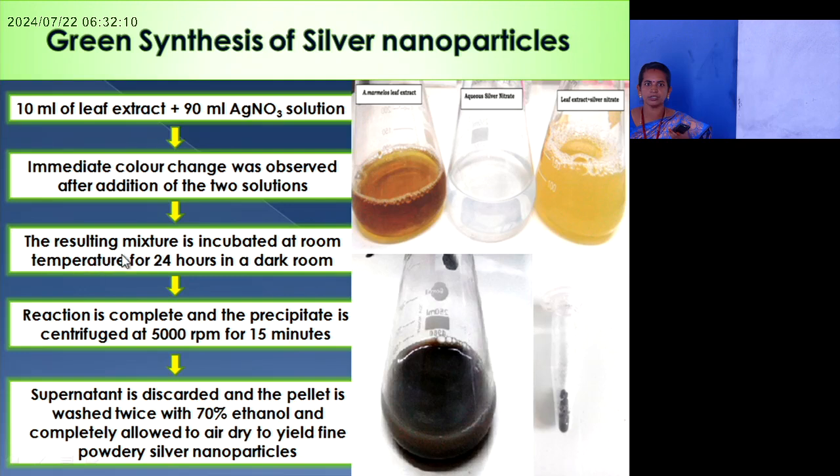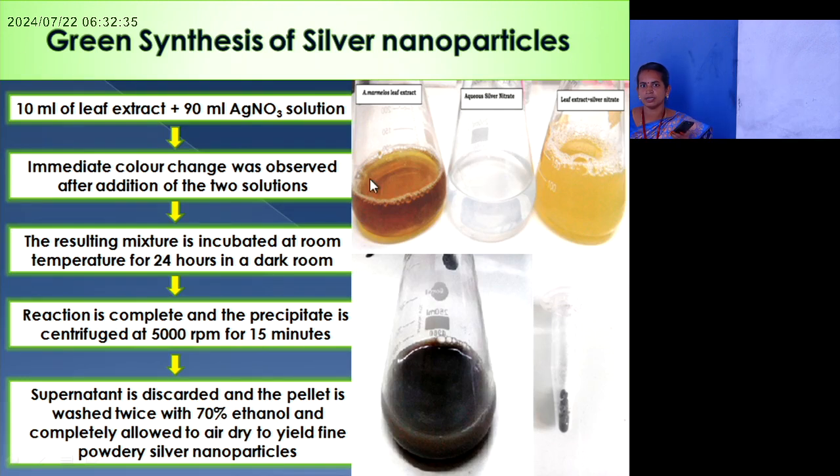The resulting mixture is incubated at room temperature for 24 hours in a dark room for precipitation. After the reaction is complete, the precipitate is centrifuged at 5000 rpm for 15 minutes. The supernatant is discarded and the pellet is washed with 70% ethanol. Then we air dry the pellet, and this is the silver nanoparticles.